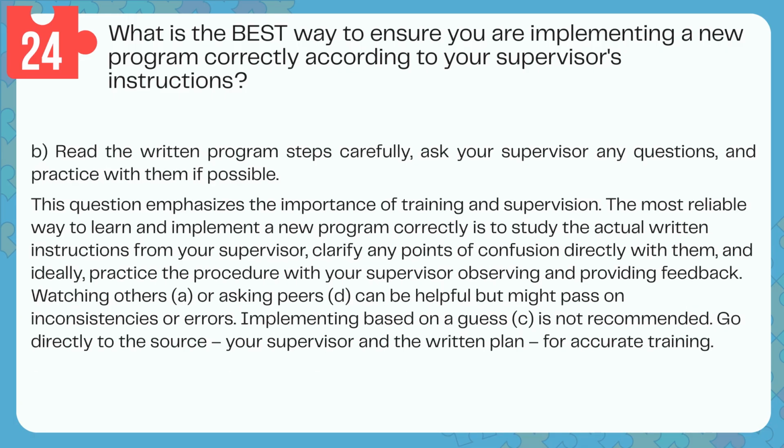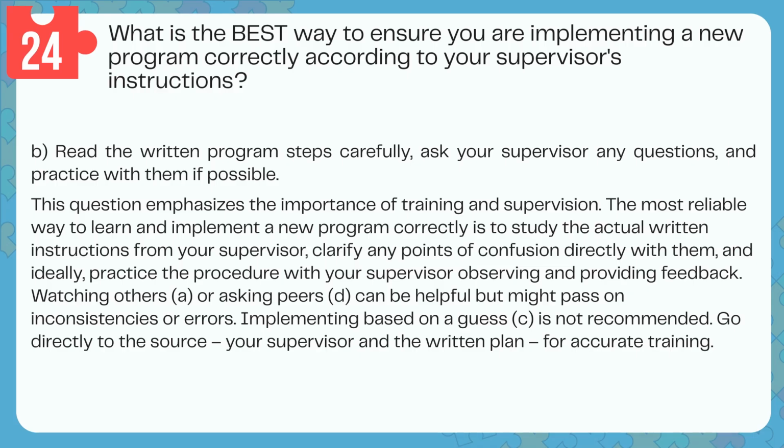Answer: B. Read the written program steps carefully, ask your supervisor any questions, and practice with them if possible. This question emphasizes the importance of training and supervision. The most reliable way to learn and implement a new program correctly is to study the actual written instructions from your supervisor, clarify any points of confusion directly with them, and ideally, practice the procedure with your supervisor, observing and providing feedback.